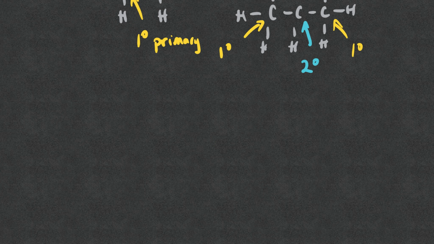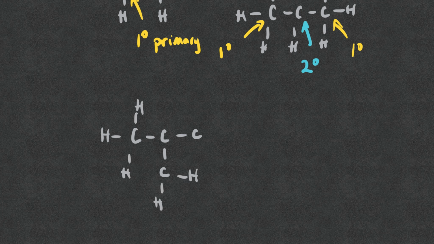Well, what if we have something that looks like this? All right, so just trying to increase the complexity. All right, so you have yourself a butane or a C4H10. All right, so it's a butane-like compound. Now, when we're looking at this original carbon here, we see that this carbon is only attached to one.